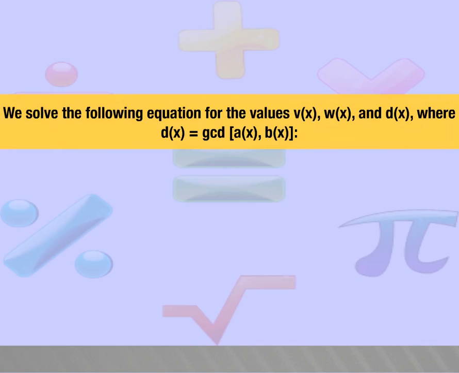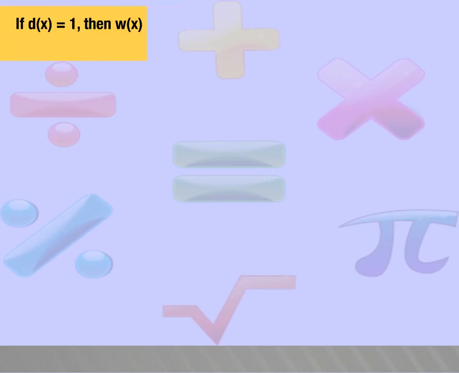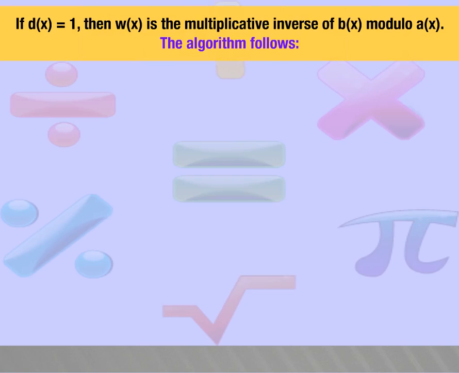We solve the following equation for the values v(x), w(x) and d(x), where d(x) is equal to GCD of a(x), b(x): a(x) v(x) plus b(x) w(x) is equal to d(x). If d(x) is equal to 1, then w(x) is the multiplicative inverse of b(x) modulo a(x). The algorithm follows: Extended Euclid(m(x), b(x)).